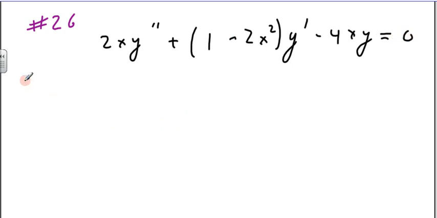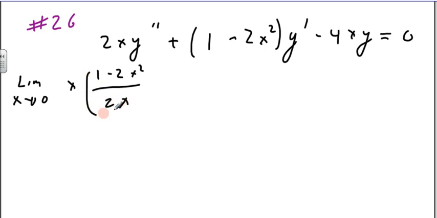Okay, so I'm going to look at the limit as x approaches 0 of x times 1 minus 2x squared over 2x. And I see that that's 1/2.